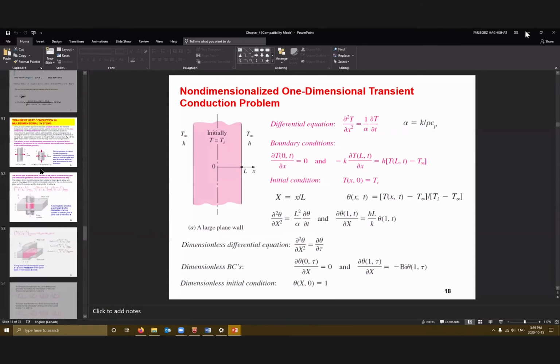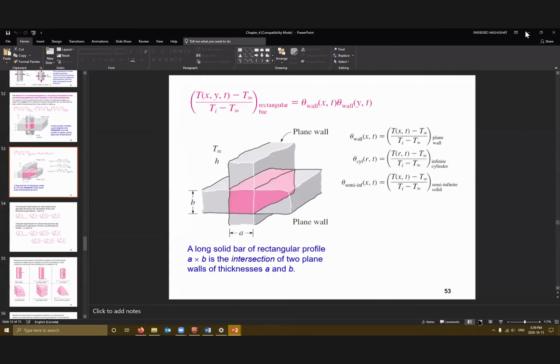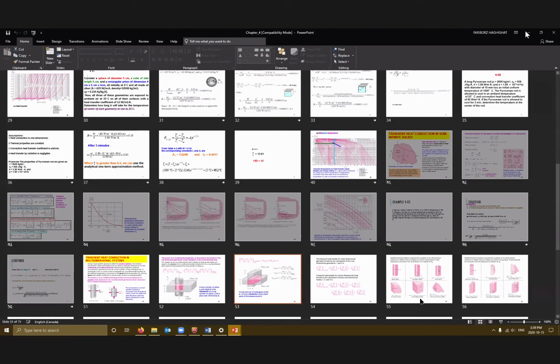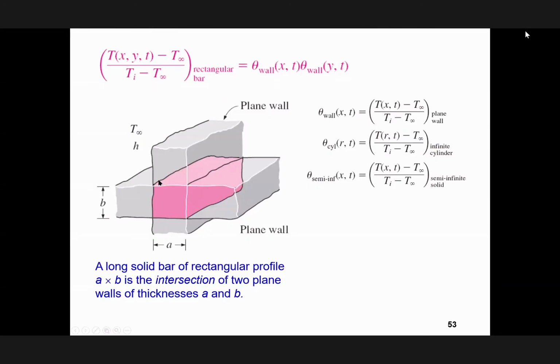You're trying to solve this problem, looking at this block of ice. Since it's two-dimensional, we're trying to find the temperature in this plate and the temperature in this plate.